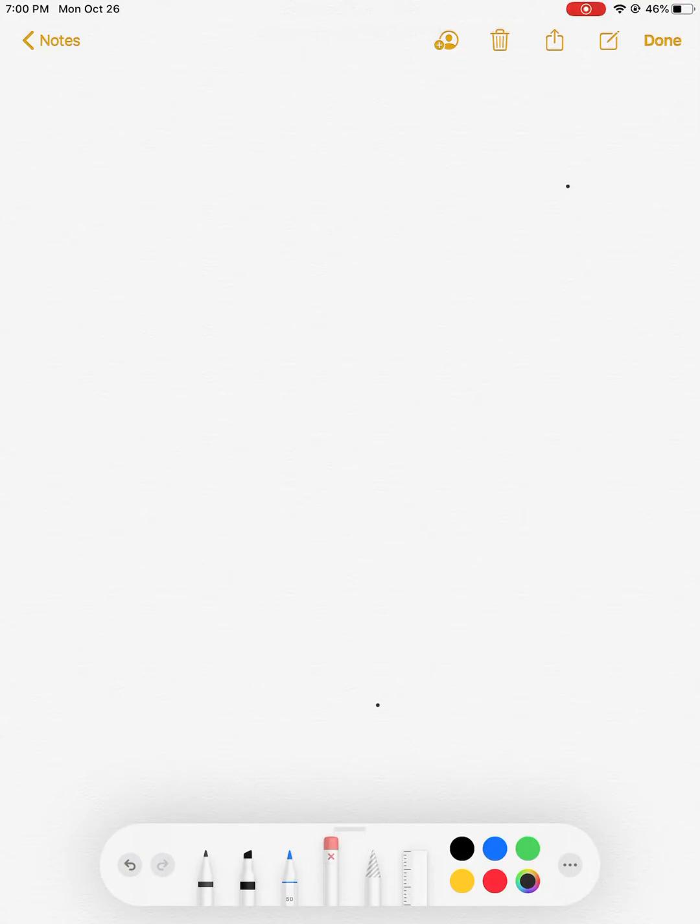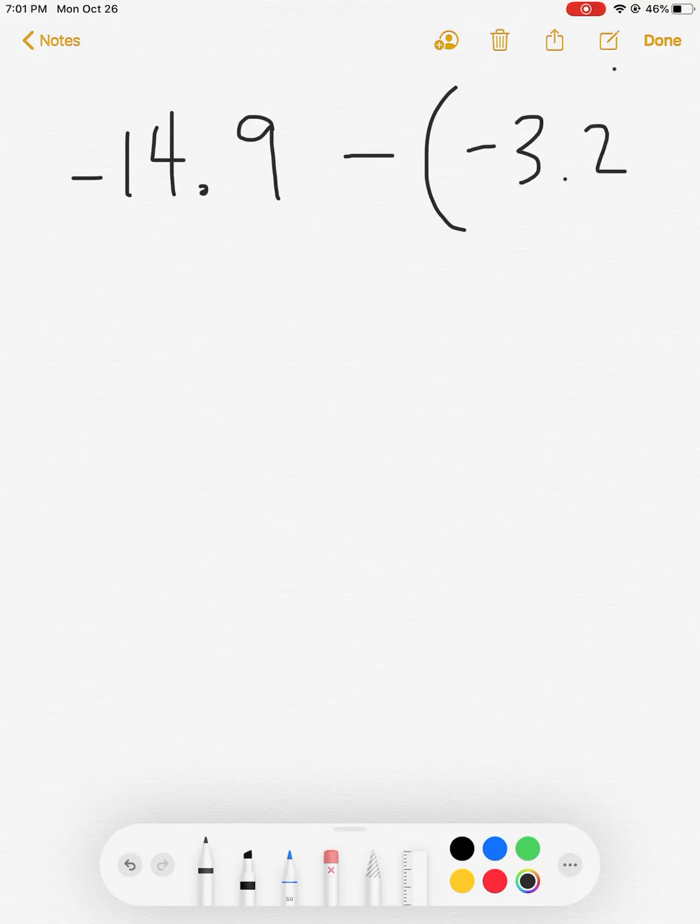Once we apply that rule, then we have to keep these addition rules in mind. Let's try -14.9 minus a -3.2.